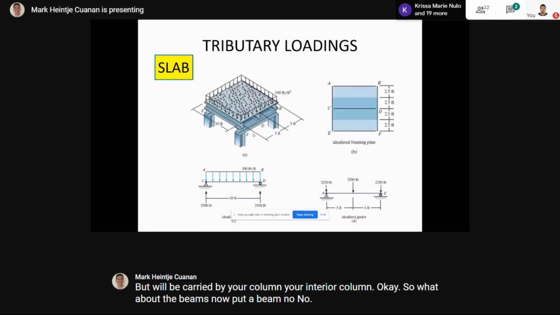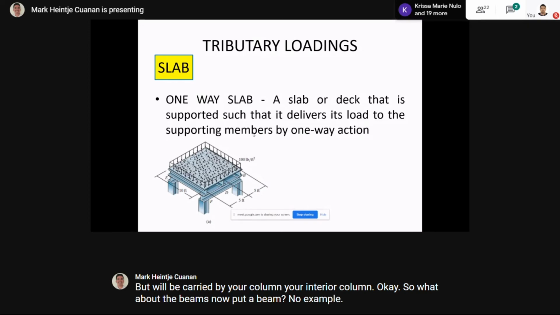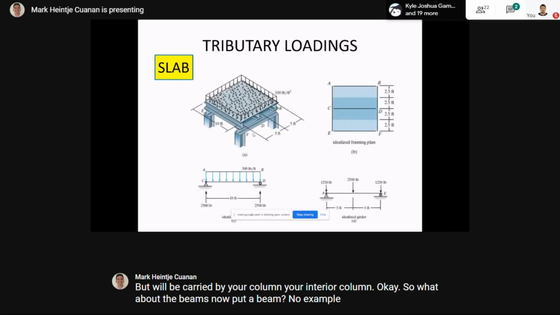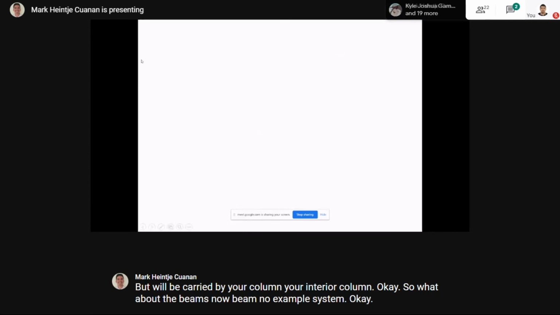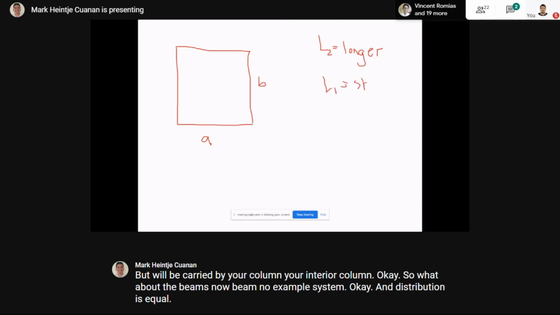Allow me to take this as an example. Okay, so for example, this is your floor system with a dimension of A and B. When we say L2, this is the longer dimension. When we say L1, this is the shorter dimension.